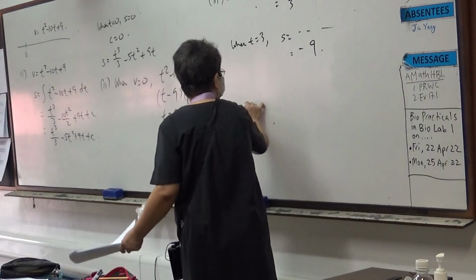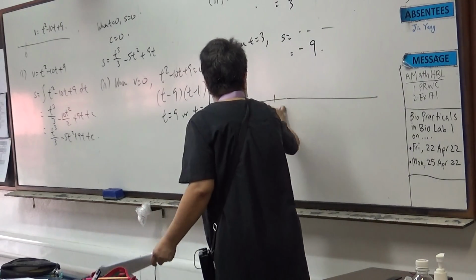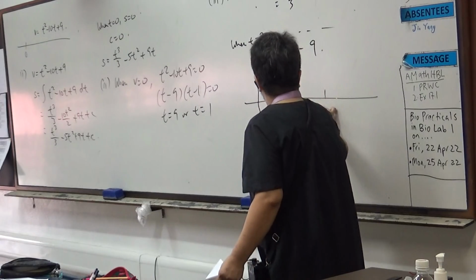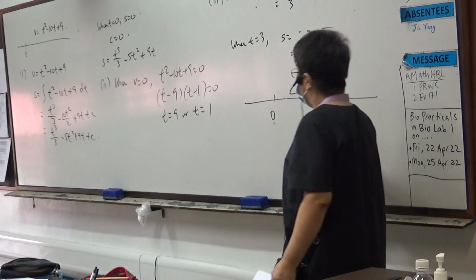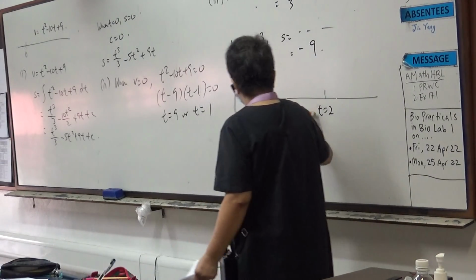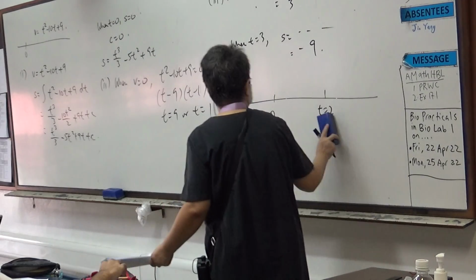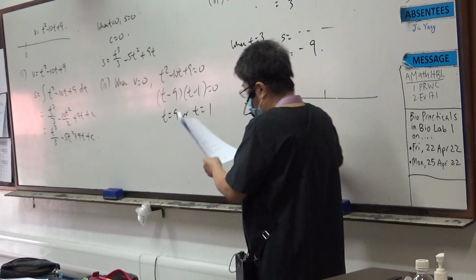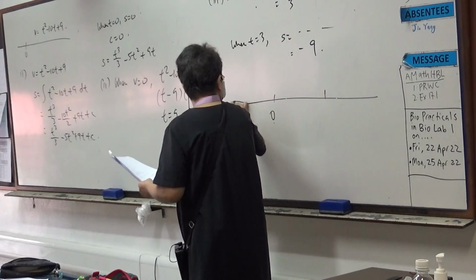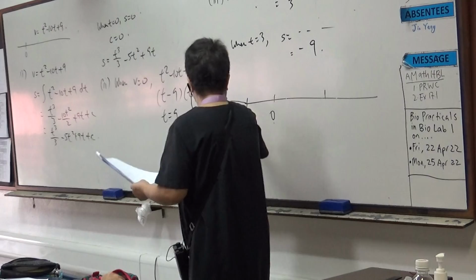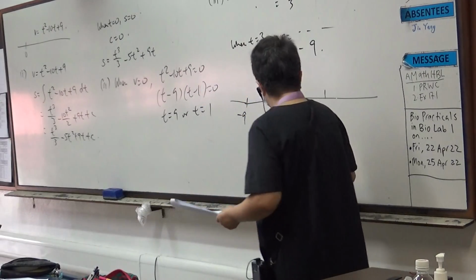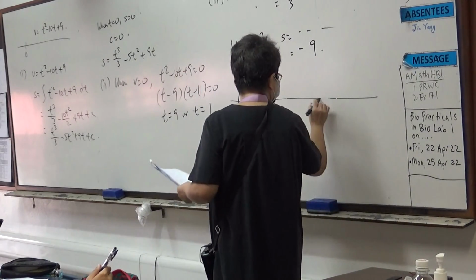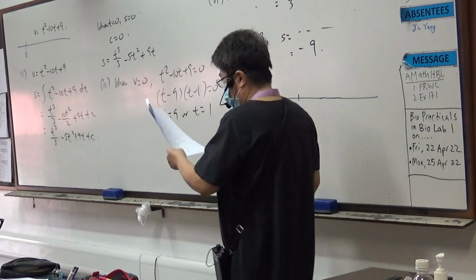Okay, now, all of you look. This is 0. This is t equals 2. It will come to instantaneous rest. First, let me just draw a diagram. This is O. Do you agree -9 is over that side, and 2/3 is over this side?